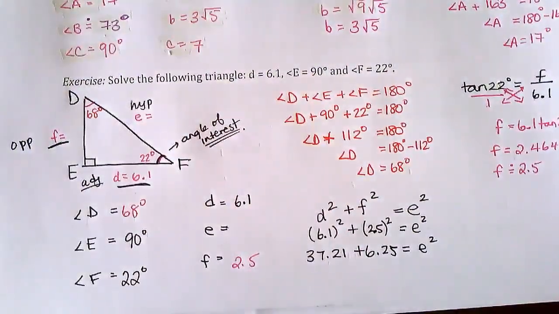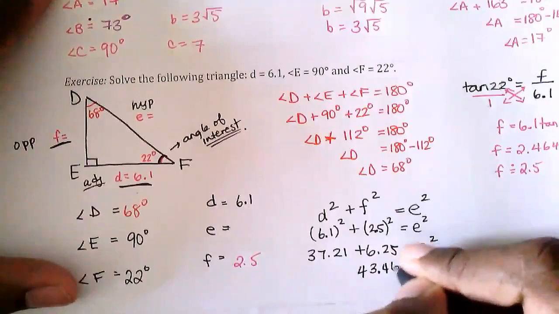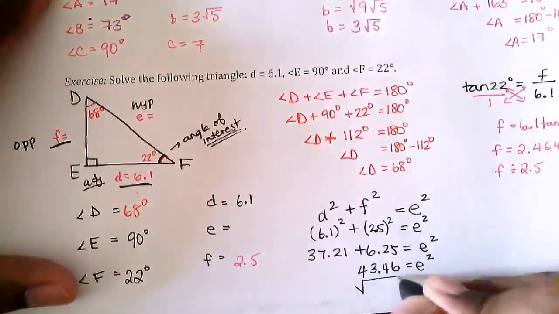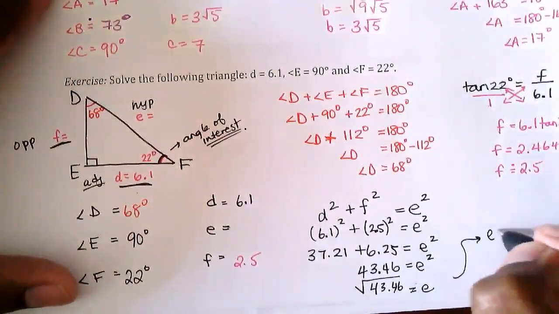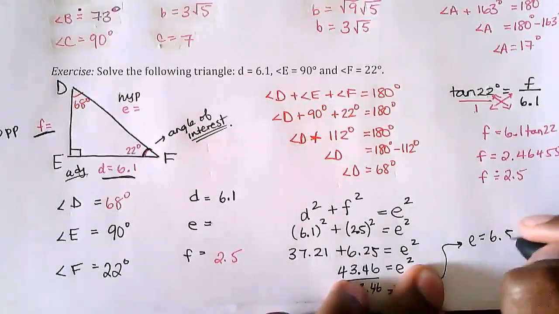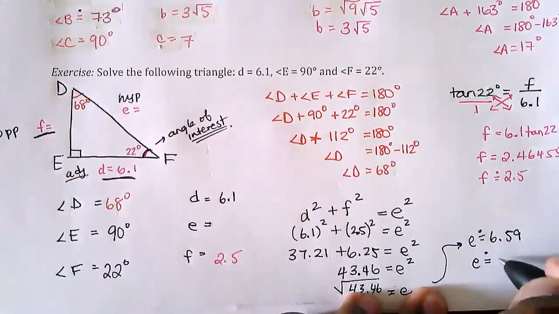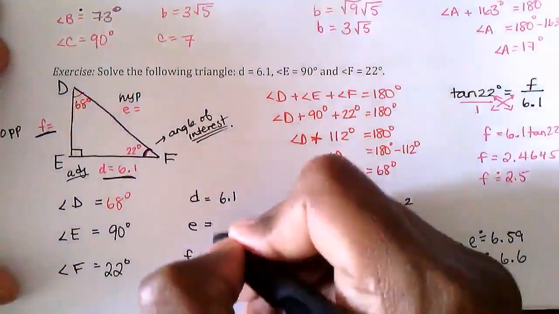I'm going to add those two things up, so that gives me 43.46 is equal to e squared. And to isolate for e, I'm going to take the square root of 43.46. So e is equal to the square root of 43.46, which is about 6.59. Again, I want to round it to only one decimal place, so it's about 6.6.